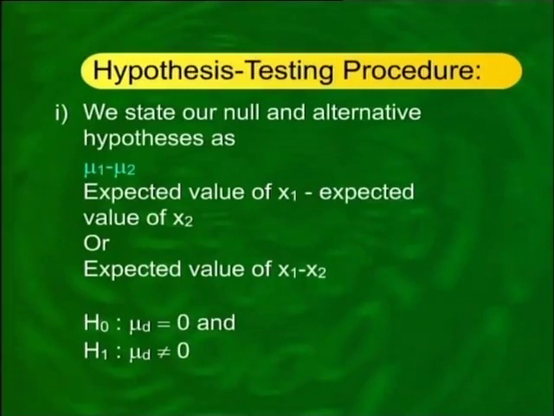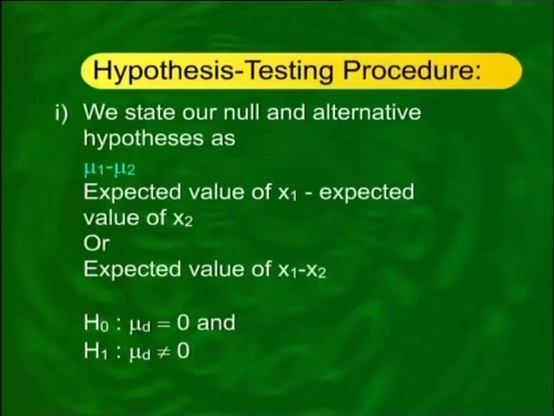And this can be written as expected value of x1 minus x2, इसलिए कि ये तो basic algebraic equation है that e of x minus y is equal to e of x minus e of y.